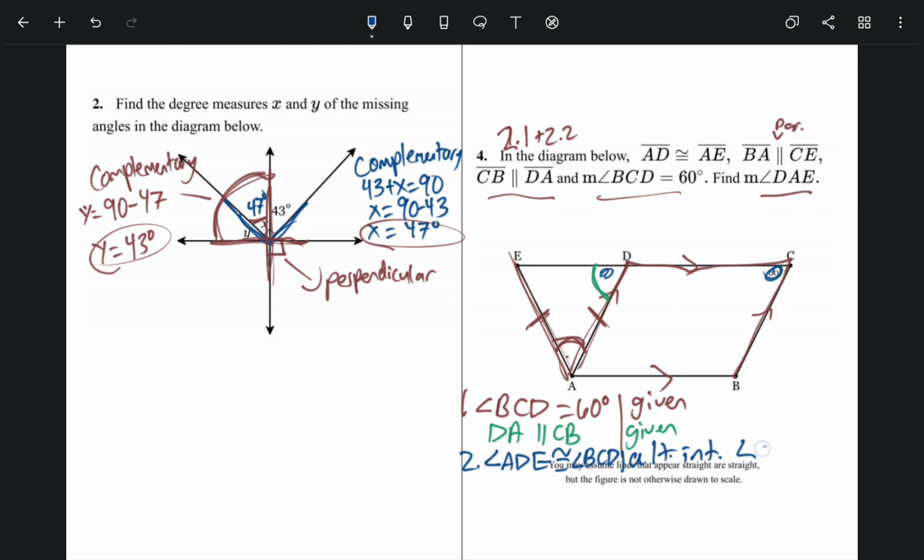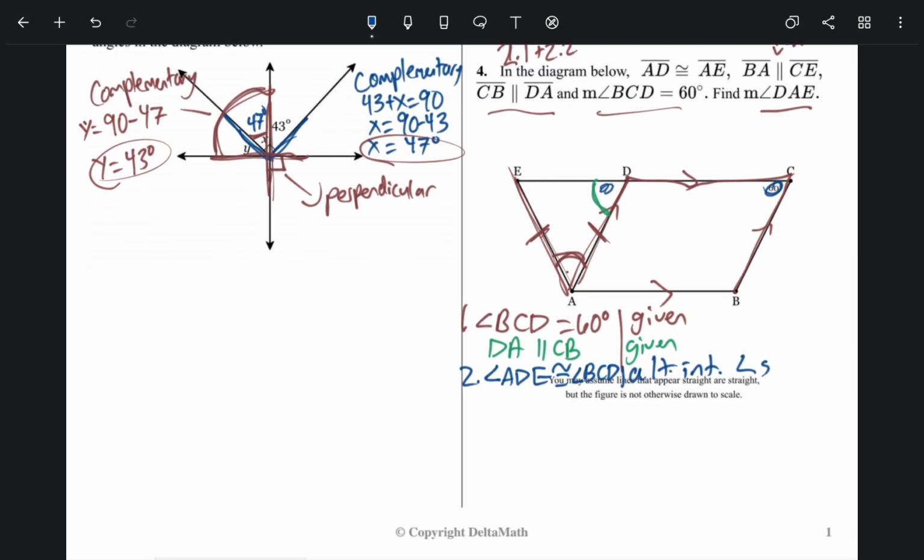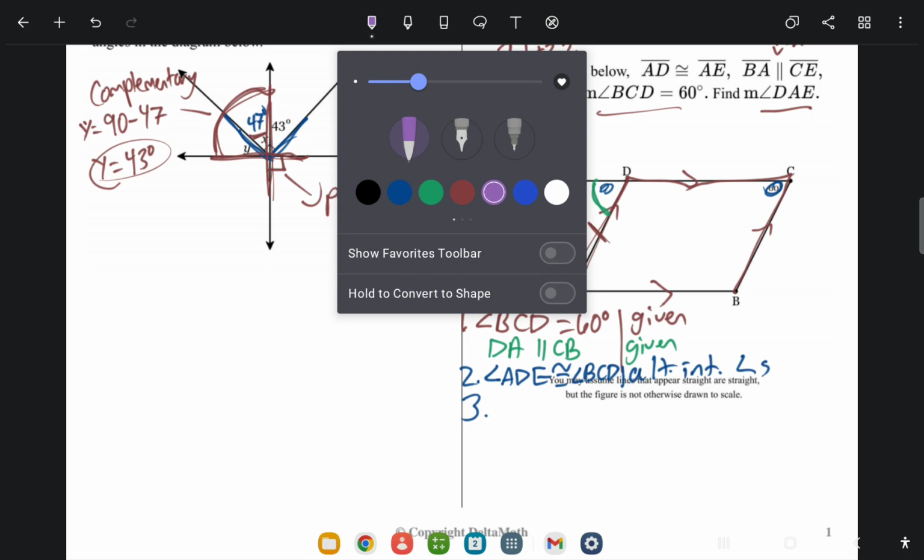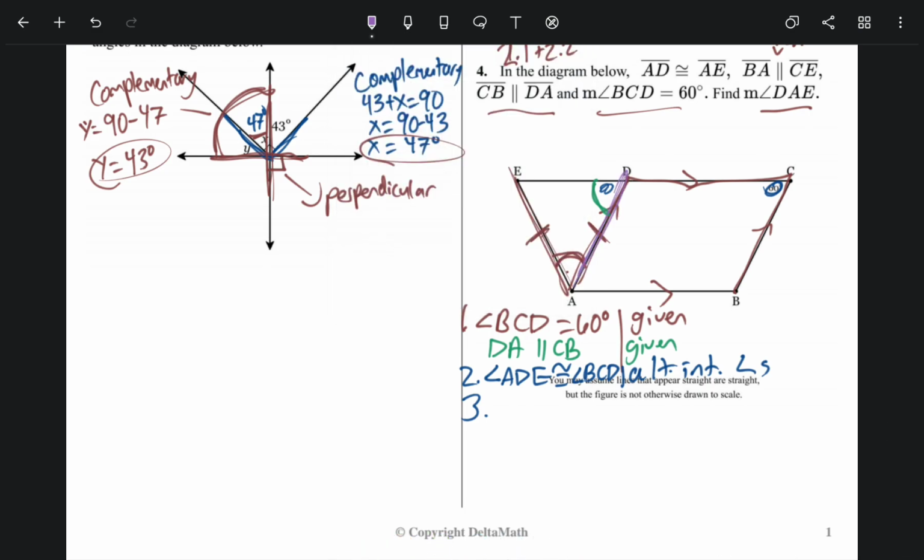I'm just abbreviating this. Now, because these two lines are congruent, we know that these two angles are congruent as well.